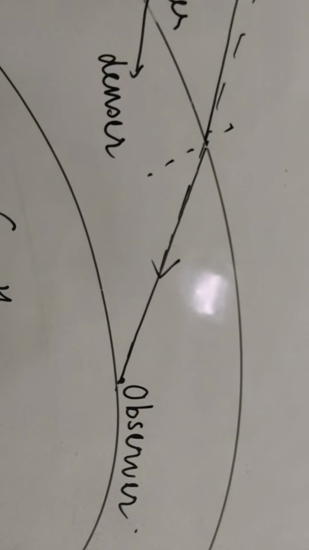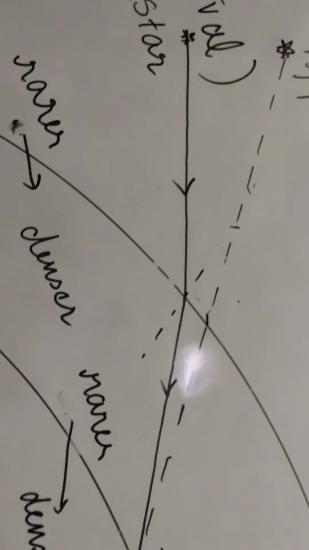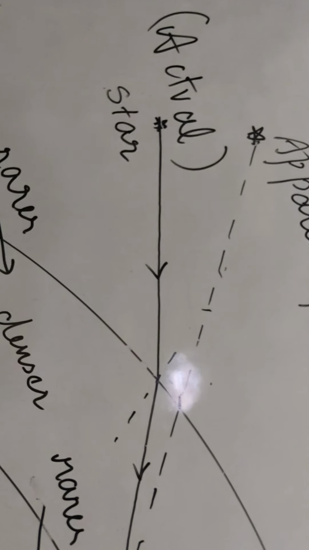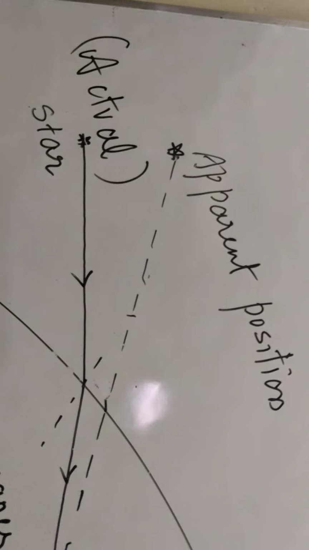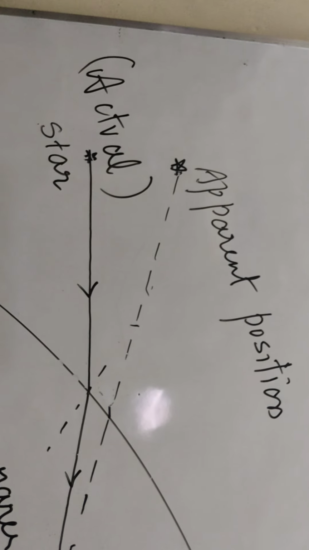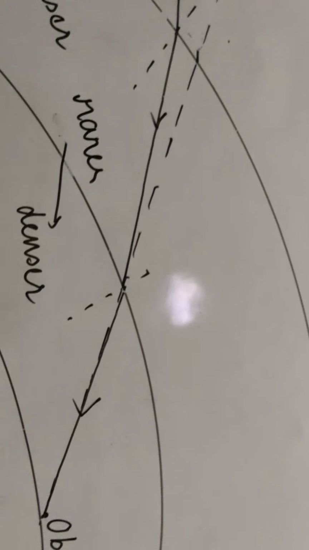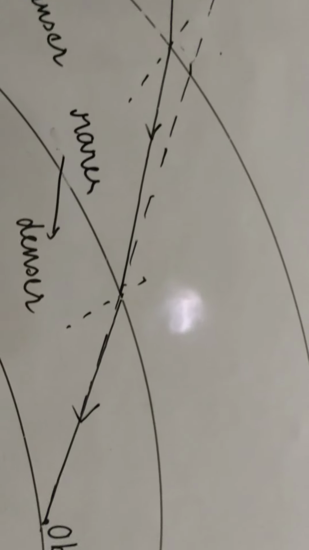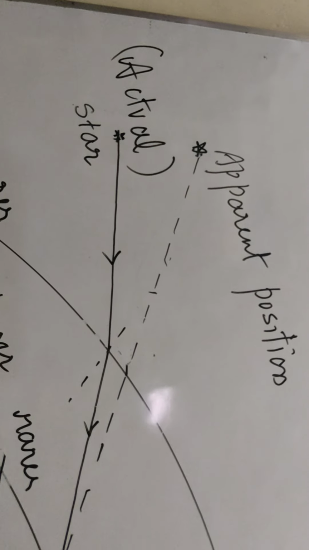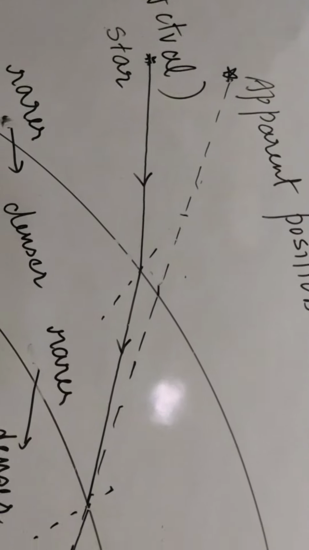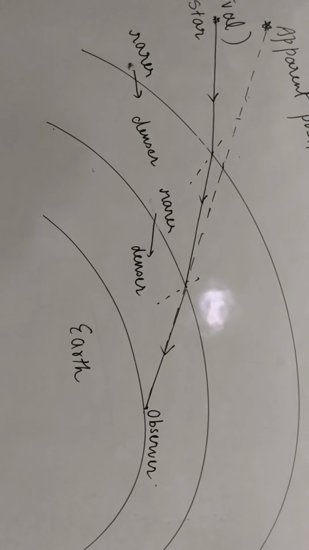Now, if you extend it backwards, as I have done by using dotted line, and extend it till a point above the star, that is the apparent position of the star. Star is actually lying below, but due to this bending, for an observer, it appears to be above its actual position, which is called the apparent position of star. So we know this happens due to atmospheric refraction of light. Hope it is clear.